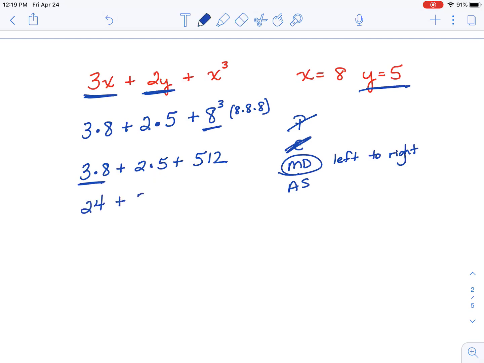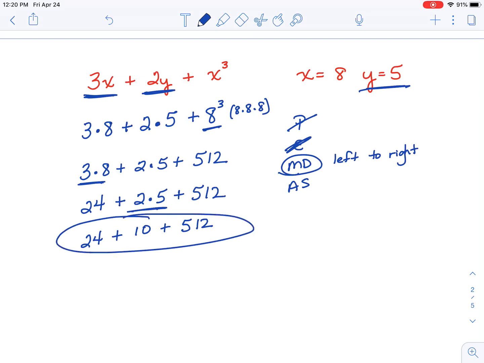Bring down the addition sign. That's 2 times 5. Make sure you don't make it look like 2.5. Plus 512. Do I have any more multiplication or division? Yes, I've got multiplication right there. So 24, add 2 times 5 is 10, plus 512.